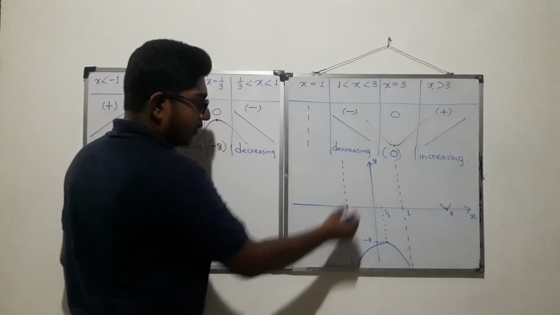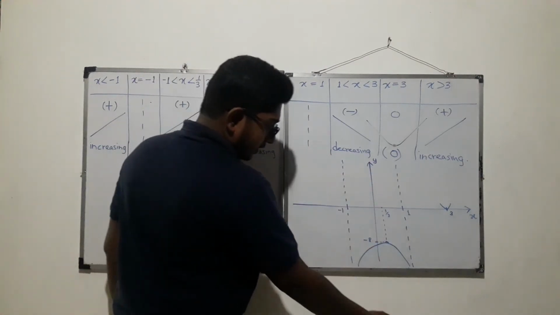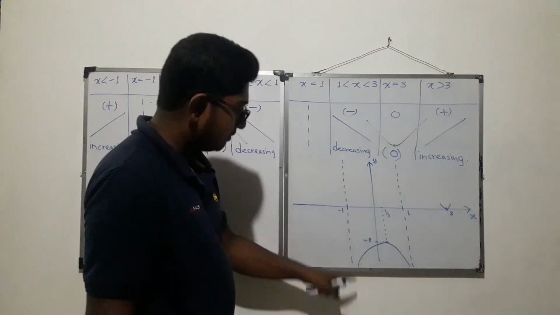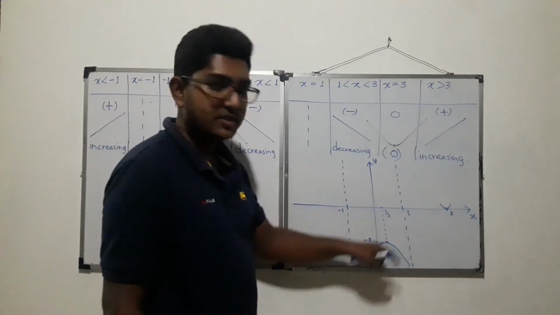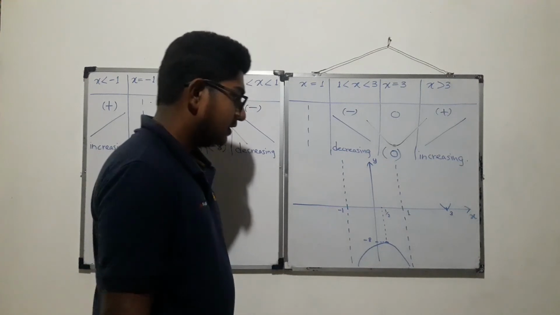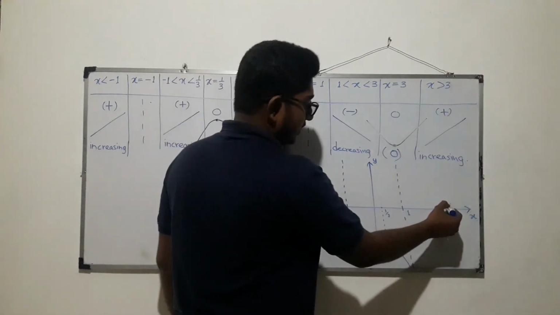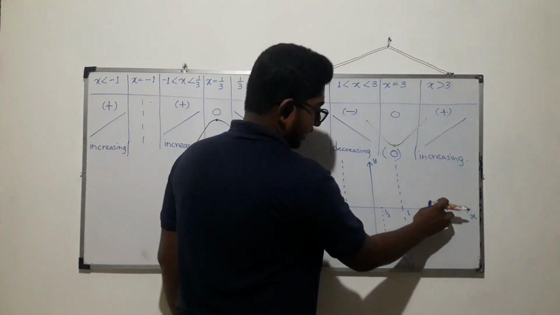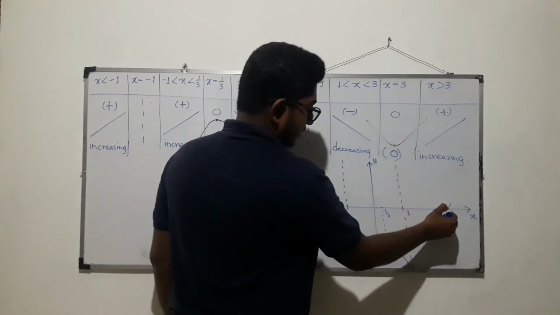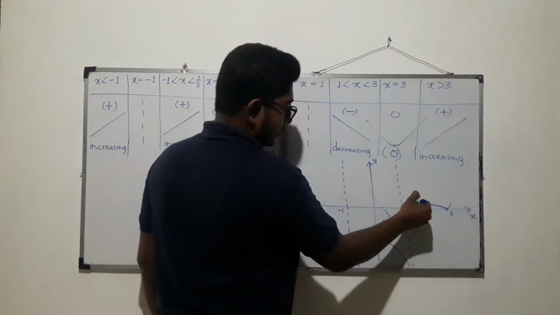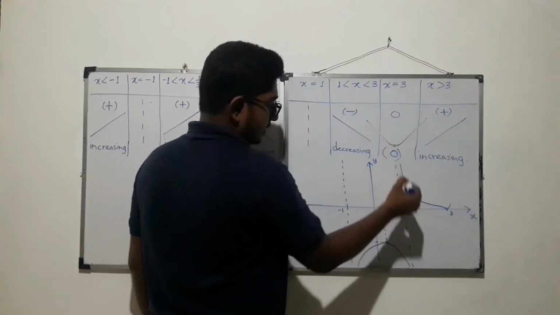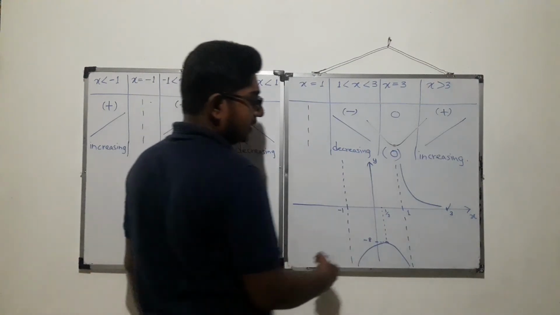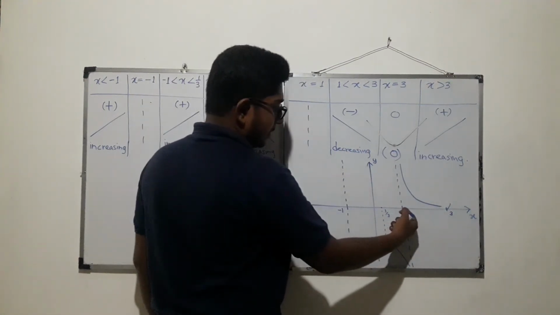That means when the y value moves to minus infinity, they are approaching minus 1 and plus 1 from both sides. And here we have a minimum point, which is moving towards plus infinity when it reaches plus 1.